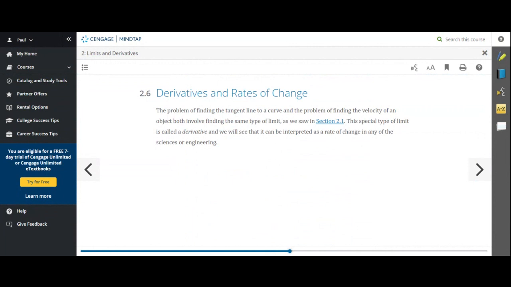So the problem of finding the tangent line to a curve and the problem of finding velocity of an object both involve finding the same type of limit. As we saw in section 2.1, this special type of limit is called a derivative. And we can see that it can be interpreted as a rate of change in any of the sciences or engineering.